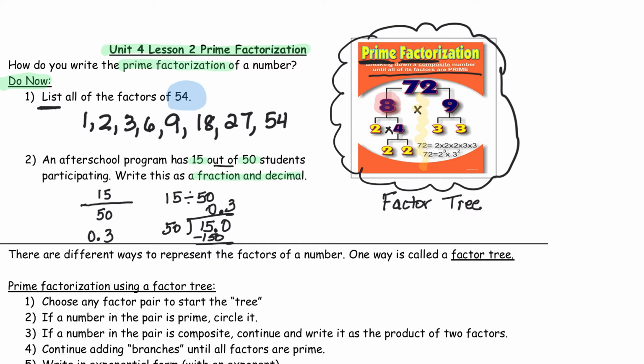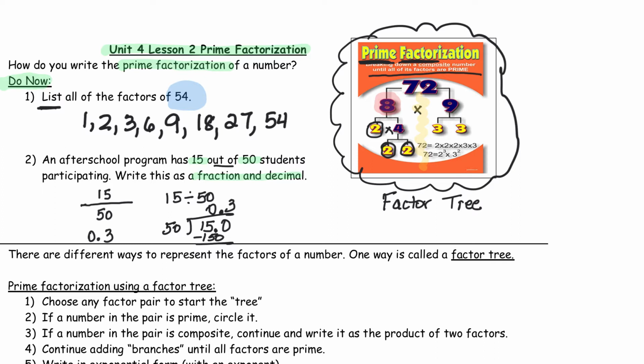Now notice 2 is a prime number. So what we would do is circle the prime number and then we keep going. 4 is a composite number. So we would break that down until we're left with 2 prime numbers, which would be 2 times 2. Now, once you have all of the numbers circled, you're done with that side and we can go on to the other side, to the next number, which in this case is the 9.